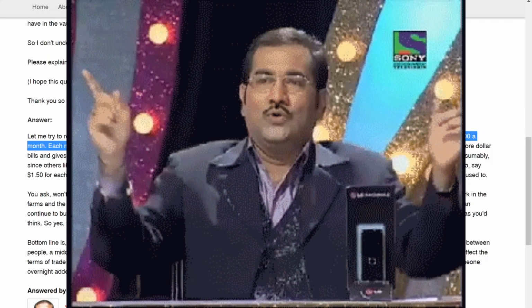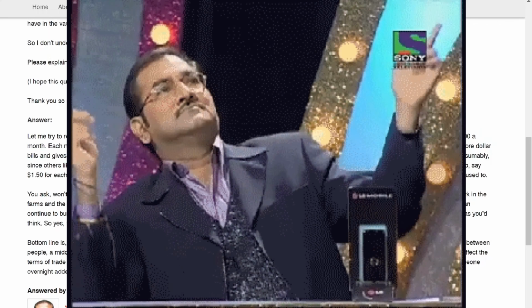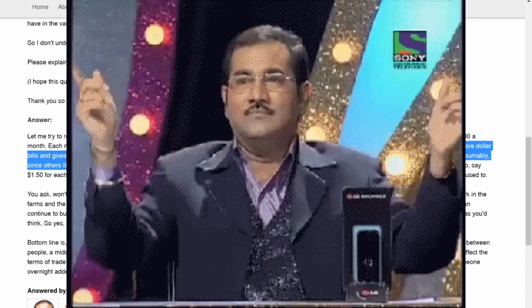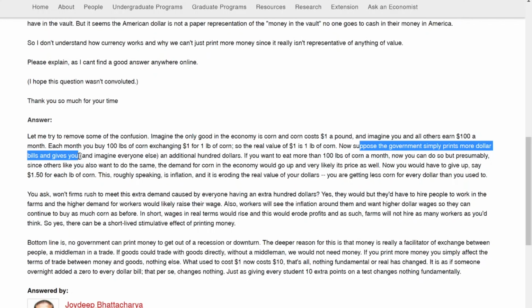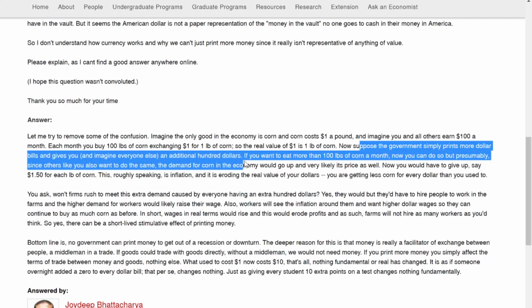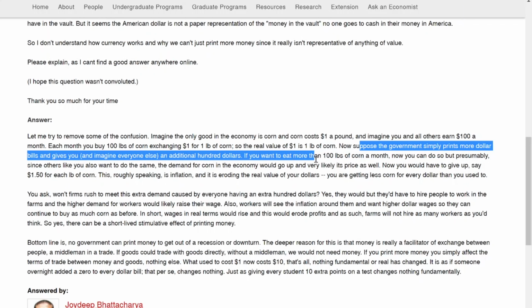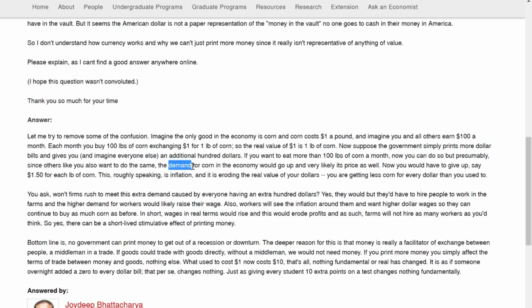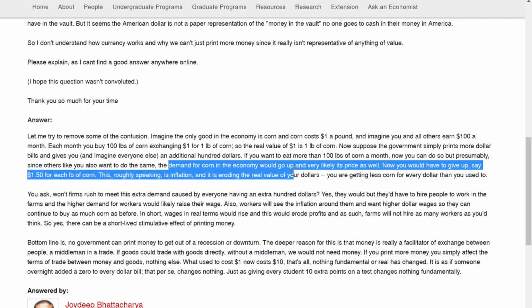Now, suppose the government simply prints more dollars and gives everyone an additional $100. Now, if you want to eat more than 100 pounds of corn a month, you can do so, amongst others, but the demand for corn in the economy would go up.